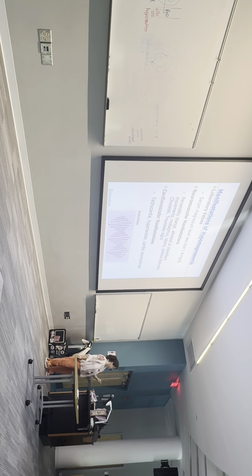Tachycardia, hypertension, and cardiac dysrhythmias. The big cardiac dysrhythmia with low magnesium is torsades de pointes, which is this form of ventricular tachycardia. So if you see that, I guarantee you the doctor is going to say, is this patient an alcoholic? I bet you $5. So this patient, an alcoholic, or malnourished.